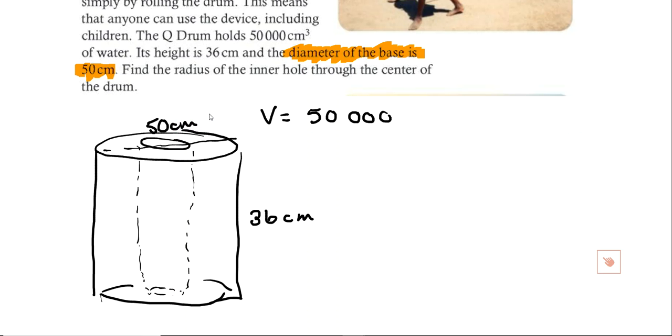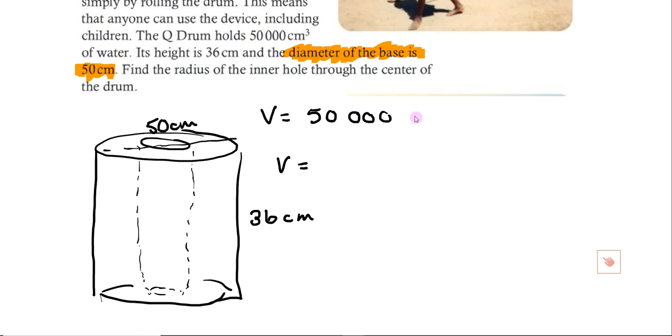Now this might look like, how am I supposed to solve this? What do we do? What I did was I first calculated the volume of the whole cylinder. That way I could subtract 50,000 from the whole thing and find the volume of the inner cylinder, which is pi r squared h. So basically that's the principle. I just sat and wrote it all out. The volume of the shape is found by doing, like that sphere one, large take away small.